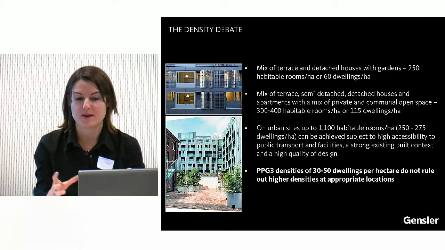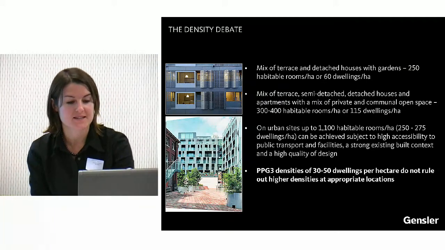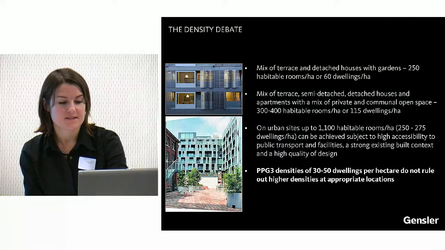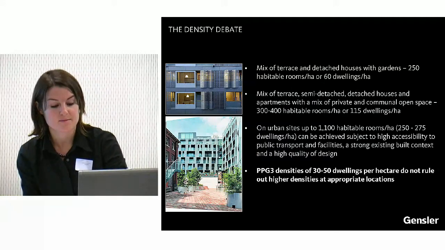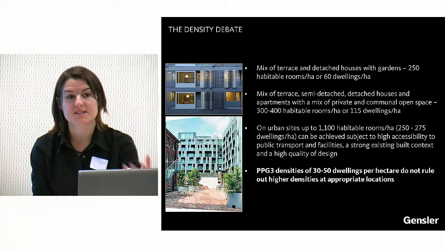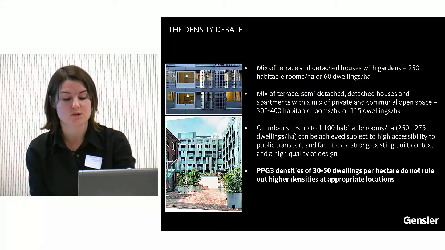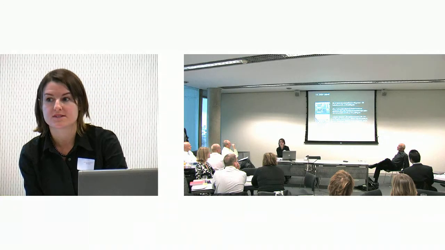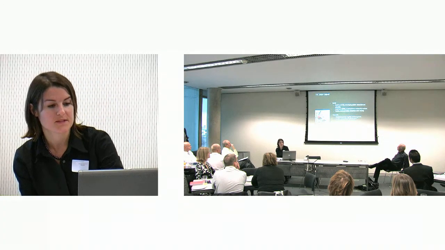Of course, this depends on the size of site that you're looking at, and density gradients across the site are quite important in creating a development that is both acceptable to existing residents but also desirable for new residents locating into a development.